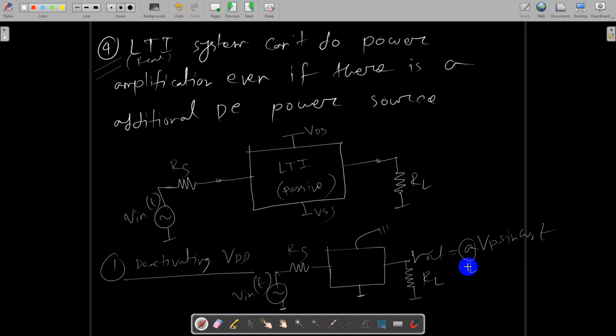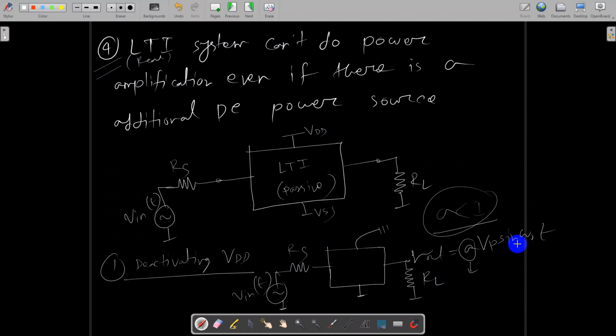This A should be less than 1. Why? Because this is a passive network, there will be some drop of voltage. So this A is less than 1, because every real element dissipates power. Now I think you all realize this.